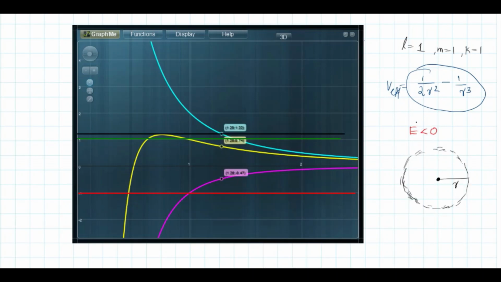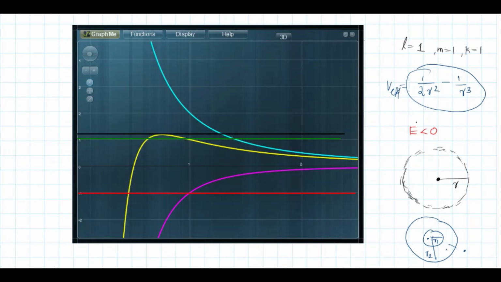Consider two circles, one with the radius r1, the other with the radius r2. If particle is initially beyond r2, it will always stay there. It can never come inside. If the particle is initially below r1, it will always stay there. It can never go to this region. So this region between r1 and r2 is forbidden.